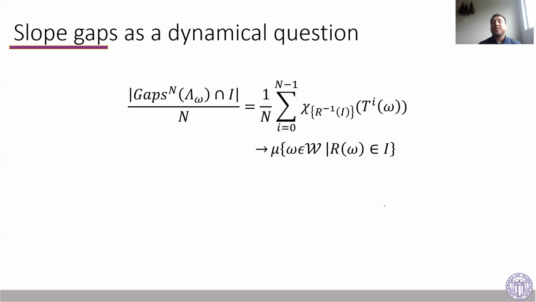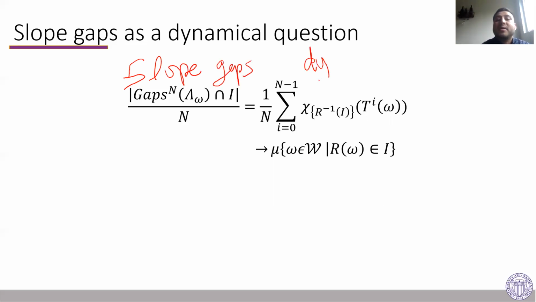And this is a characteristic function, so it's just going to converge to the area of this pre-image, which I've written down here. And I hope this indicates to you how you go from a slope gap distribution question to a dynamical question on the transversal, right? On the left here is the slope gaps, and on the right here is dynamics.